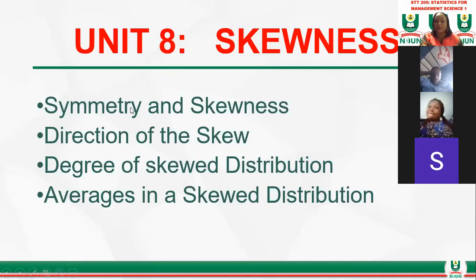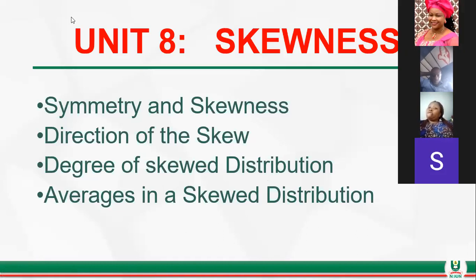We look at the skewness and symmetry of a distribution. Look at the direction of the skewness, the degree of the skewness, and averages in a skewed distribution. How do we achieve that? Under skewness, we just try to reveal certain features.